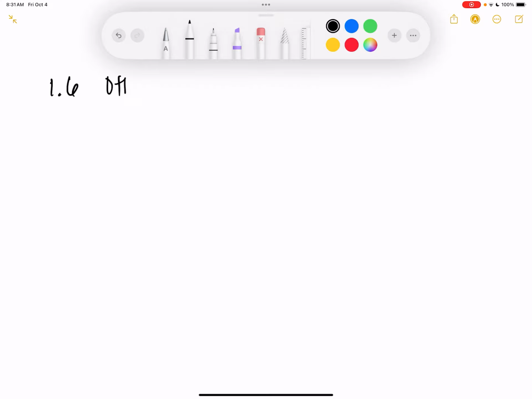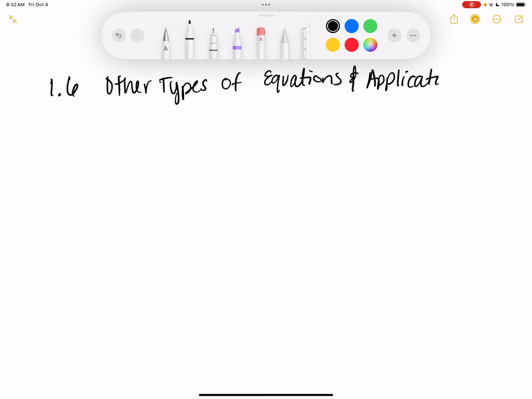Okay, other types of equations and applications. These first ones say to decide what values of the variable could possibly be solutions of the equation.